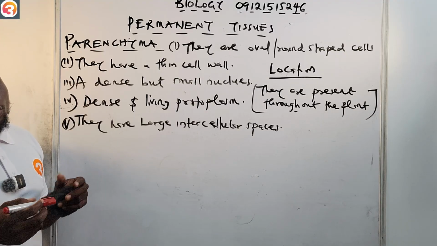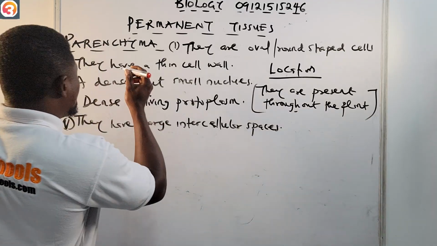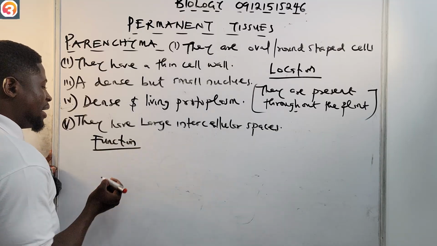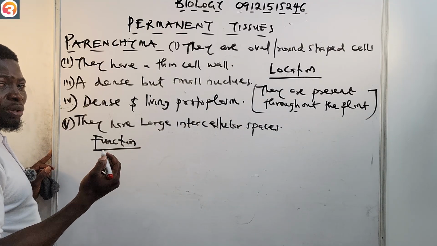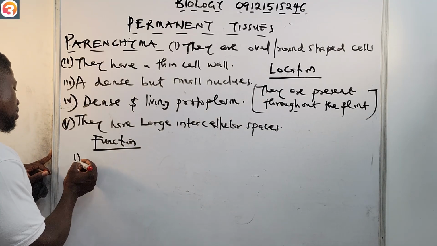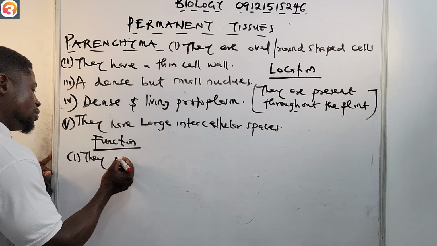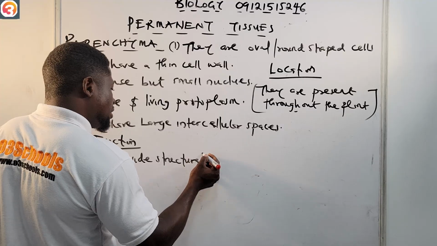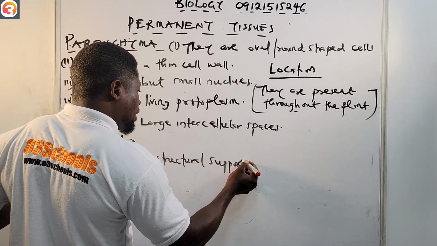And what is their function? Function of parenchyma cells. Function number one, they provide structural support to the plant.